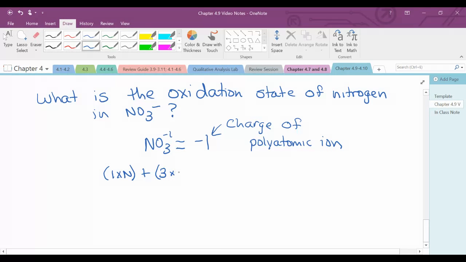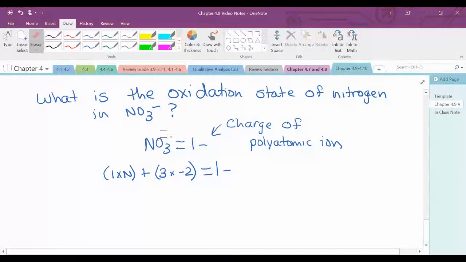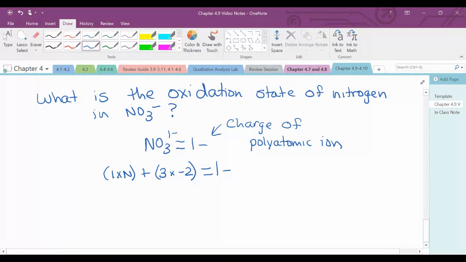Each oxygen, we know from our rules, has an oxidation state of -2. That's all equal to a -1 charge. And actually, you don't need to write the 1 up here, you can just write a negative.